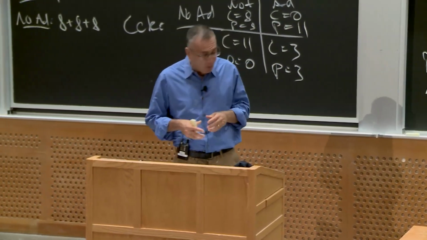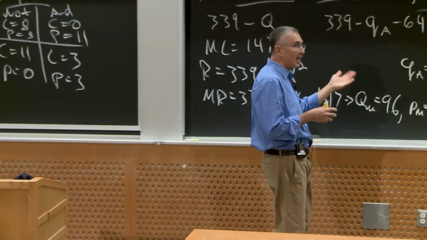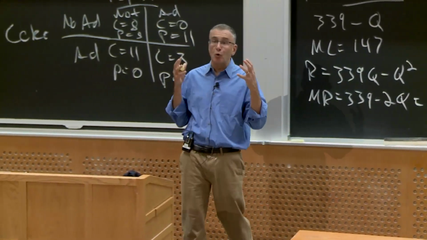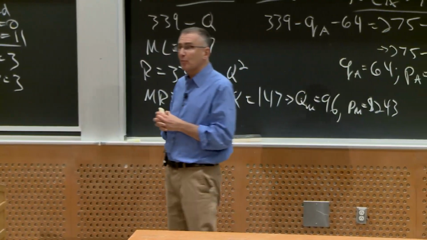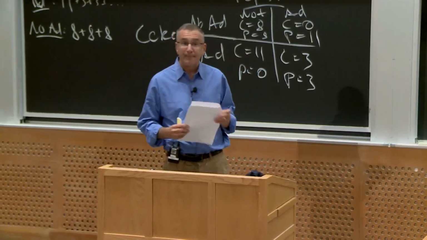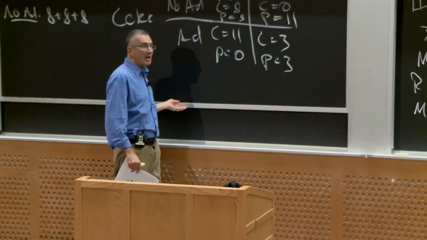Why can't I just do that? Well, they can't because United won't let them, or United can't because American won't let them. They have to account for the other firm's response, and that's what's cool about oligopoly. That's why we use game theory, because you have to account for the other firm's response. That's the graphics. Let's go through the math. Let's do the Cournot math to show you how this works mathematically.